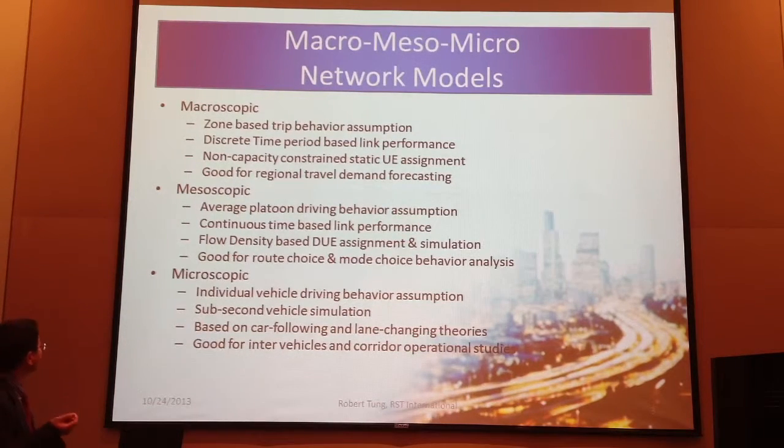The time is more like discrete time, like we usually simulate the morning peak period, morning peak hour, and afternoon peak hour in separate simulations. And the network capacity is not a constraint, because it's a demand-driven model, so its capacity does not reflect the real constraints. So the macroscopic model is good for regional travel demand forecasting, like what regional governments and city governments usually do for 10 to 20 year long-range forecasting.